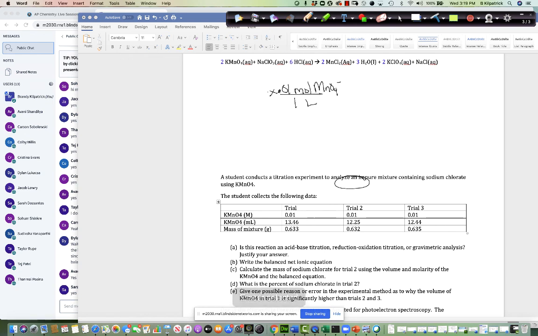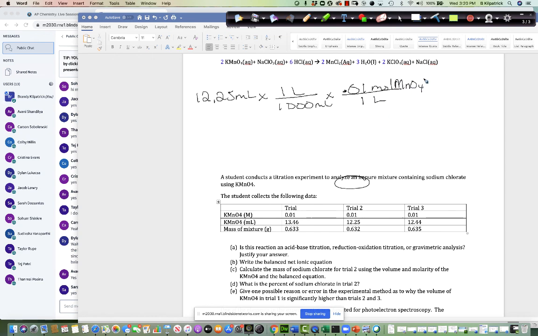So if we have 12 milliliters, we have 0.0012. We have 0.01 moles over 1 liter. This is going to be for your permanganate.